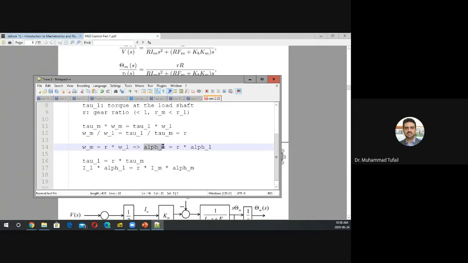You will get alpha m equals R times alpha L. Now bring it down here. So IL times alpha L is R times IM times alpha M, and bring this in instead.